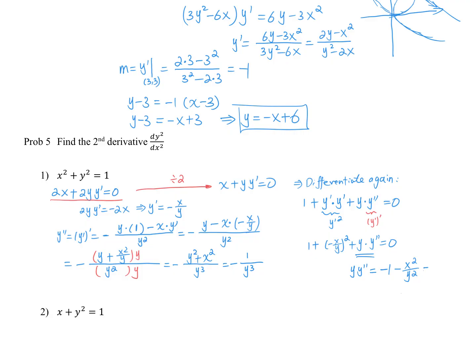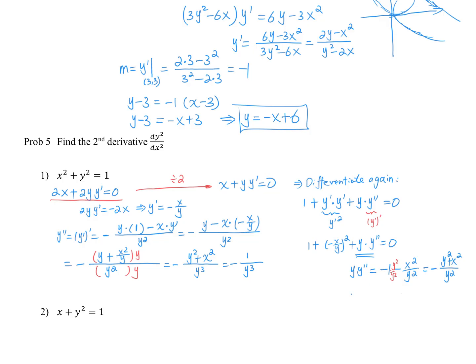Or maybe we can do a little simplification here. Minus, think of this as y squared over y squared. And we have negative y squared plus x squared over y squared, because we also factor out the negative sign, so this becomes a positive sign.